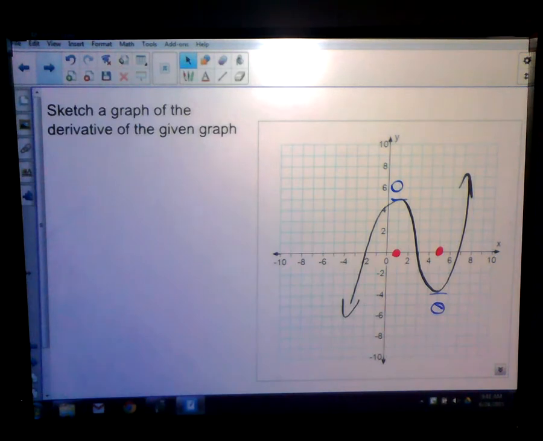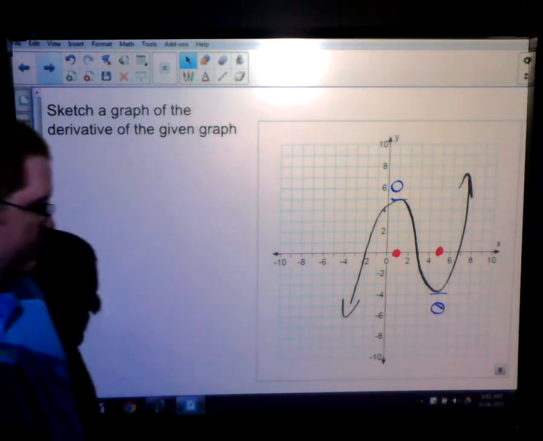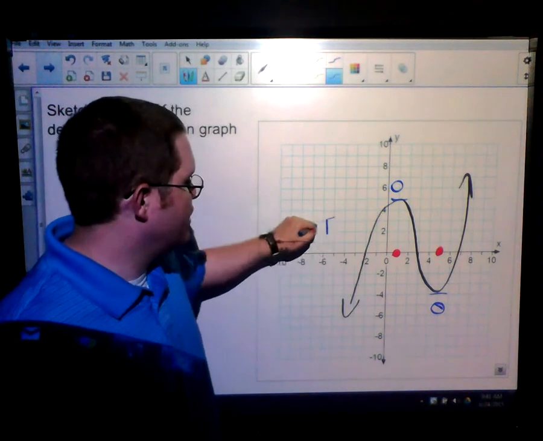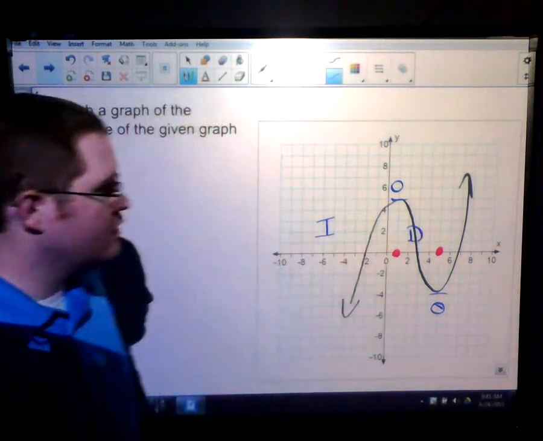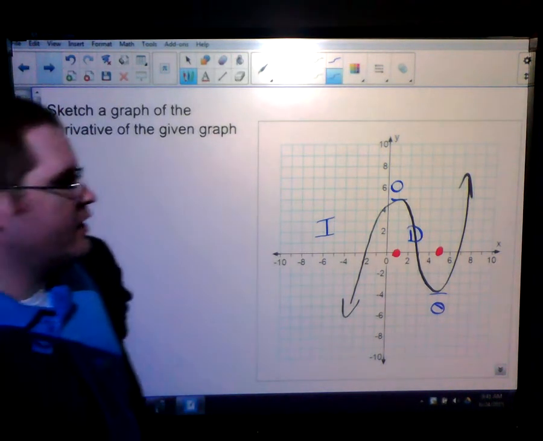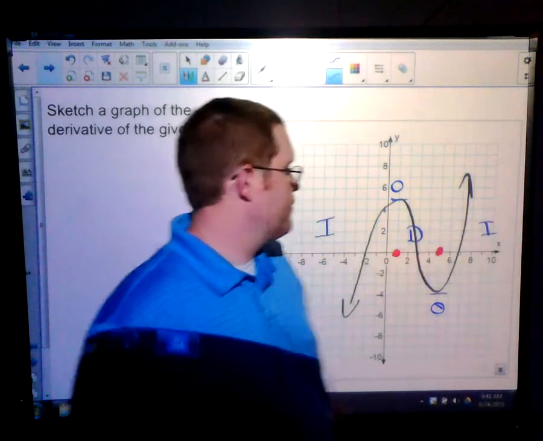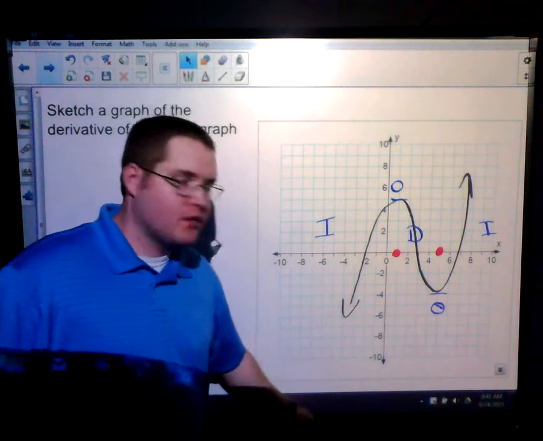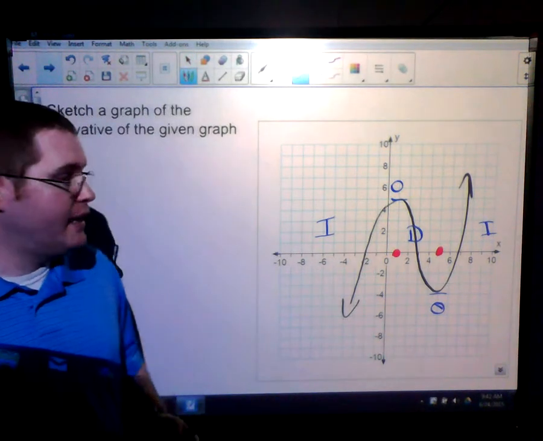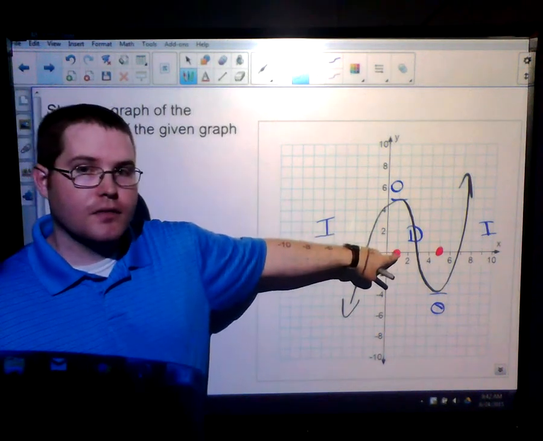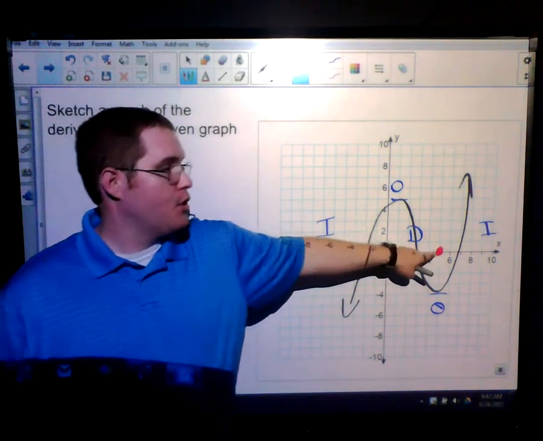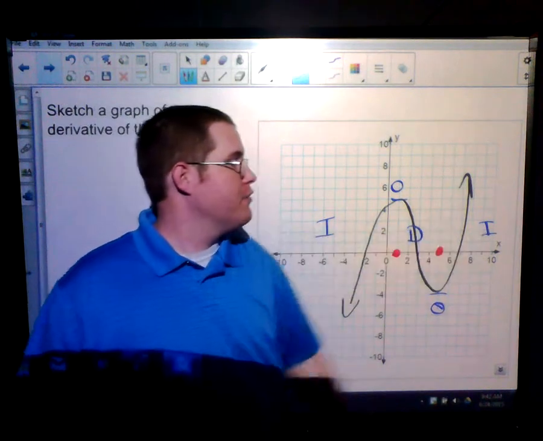Now I'm going to classify my graph as increasing or decreasing. Well, it's increasing until you get to 1, and then it's decreasing from 1 to 5, and then it's increasing after 5. So when I draw my derivative graph, it has to go above for increasing, through the 0, below for decreasing, through the 0, and above again for increasing.